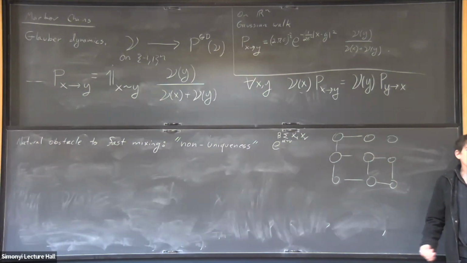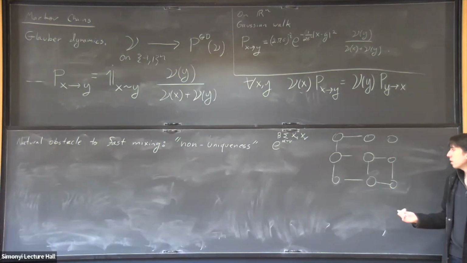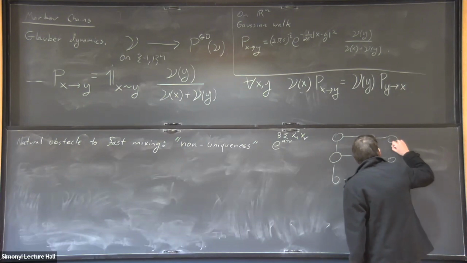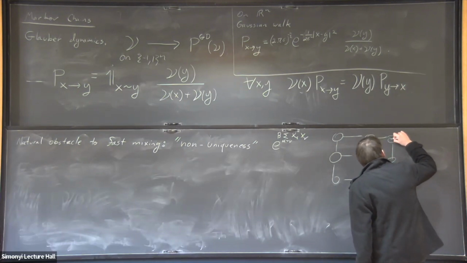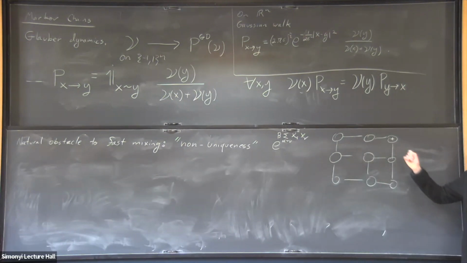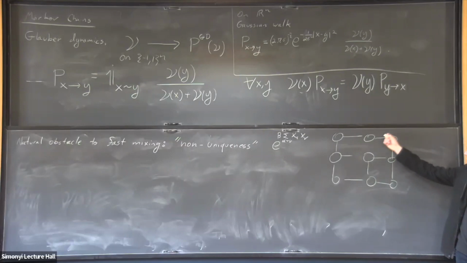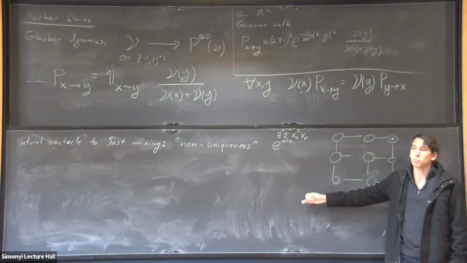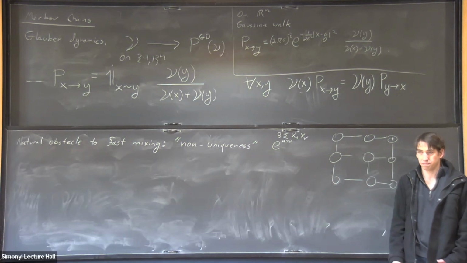But if beta is still quite large, not infinity but still pretty large, the model will be in what we call low temperature, meaning that if I tell you that this site somewhere here is positive, conditioning only on that, if I go to a very far away site in the graph, it's still going to be likely to be positive.